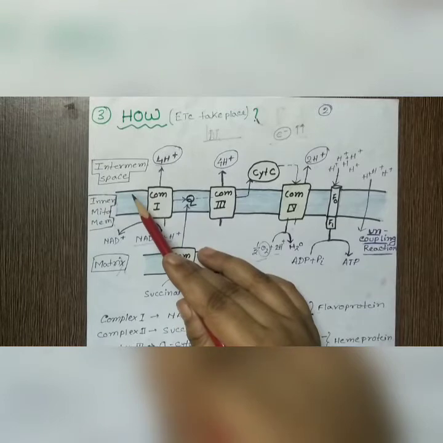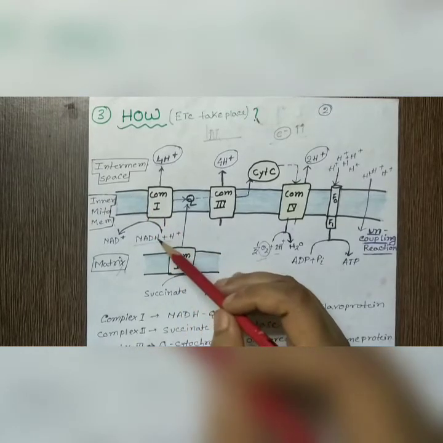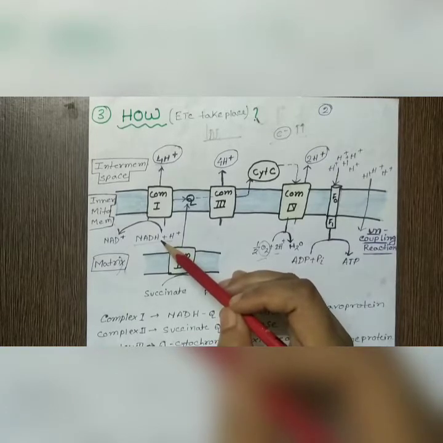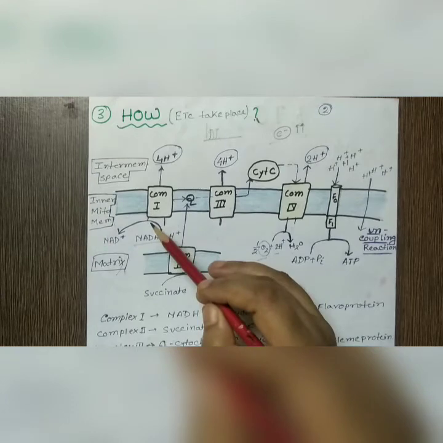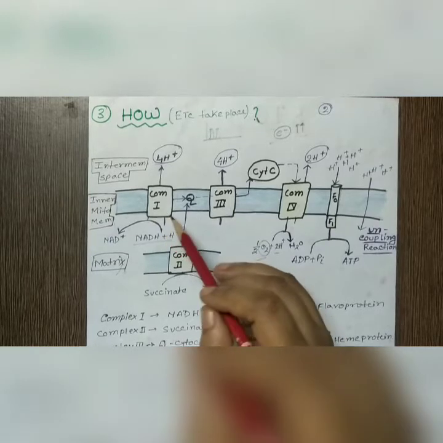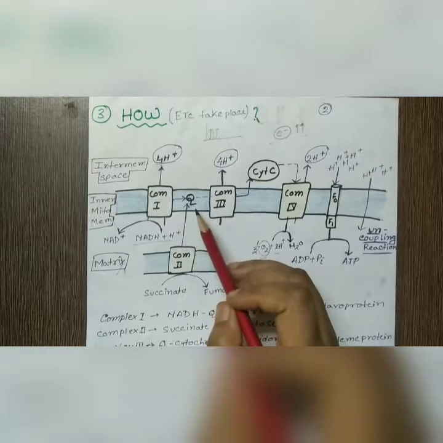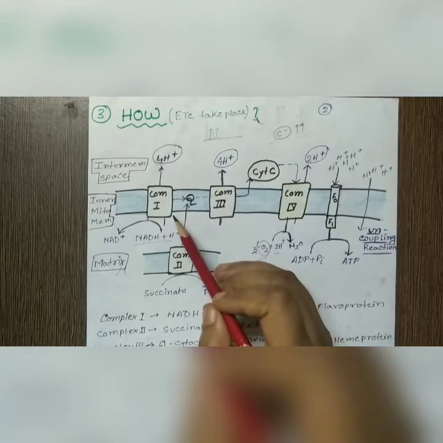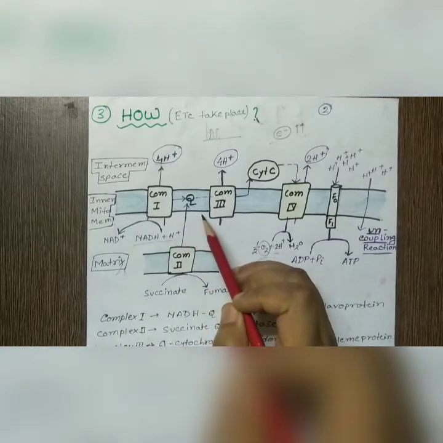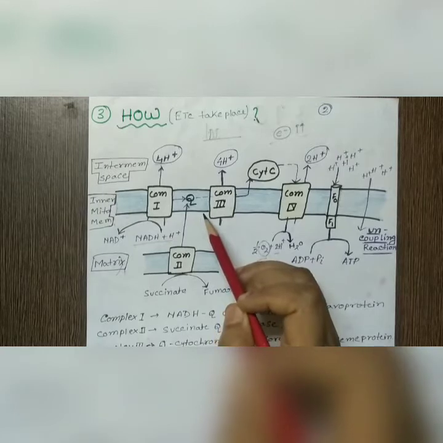We have already discussed the four major proteins responsible for forming the ETC in the inner mitochondrial membrane. These four inner membrane proteins are sequentially arranged. They follow a specific rule in their arrangement. They are not haphazardly arranged. Okay.